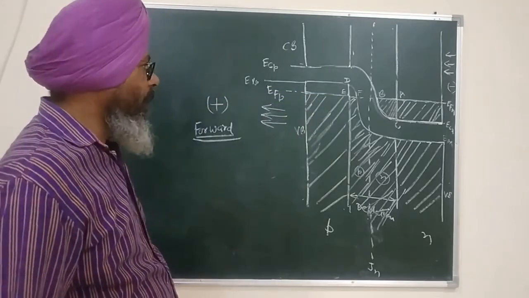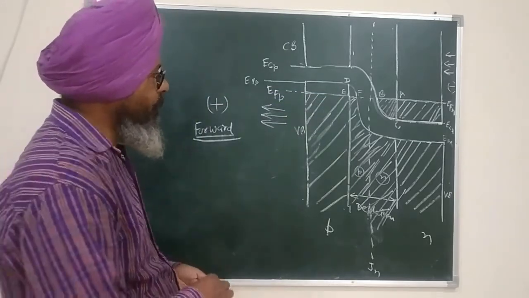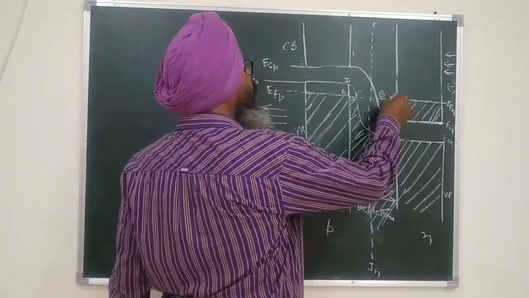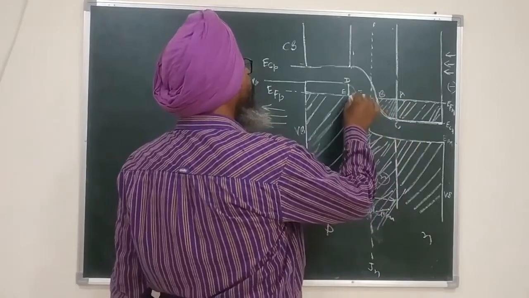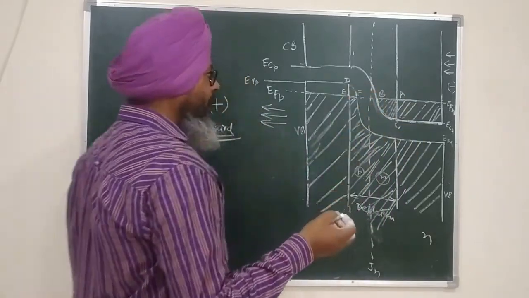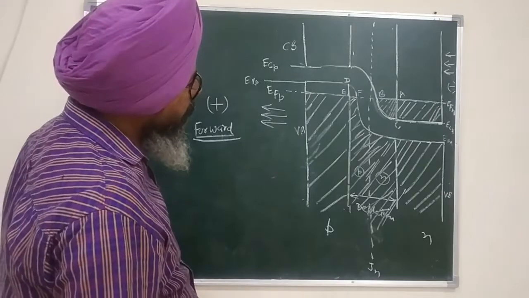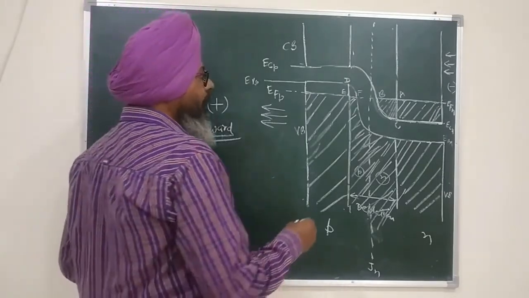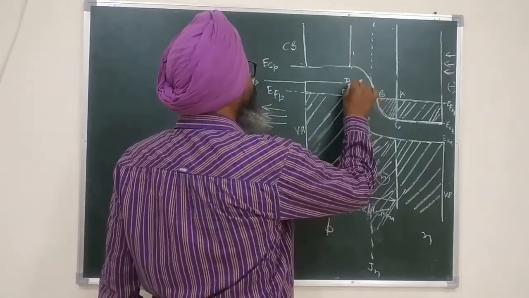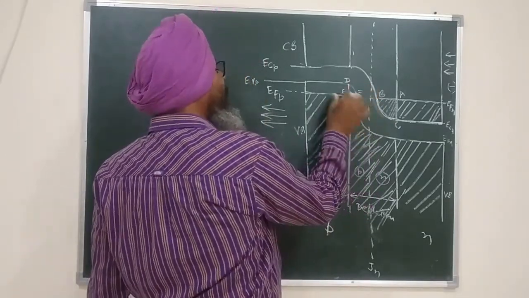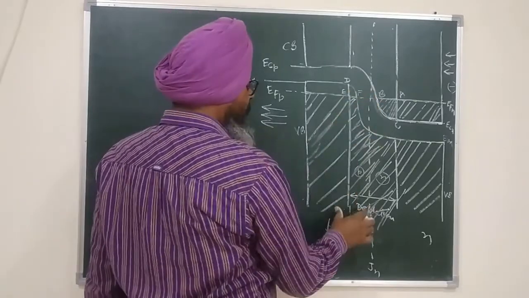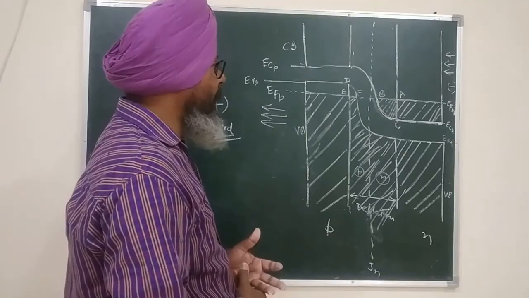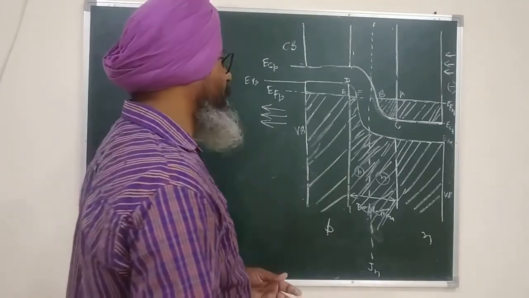Please remember, something I wanted to tell you: I have already told you that region ABC before applying the battery was below Fermi, and region DEF before applying battery voltage was above Fermi. But another thing I forgot to tell you is that region DEF is completely confined within the P region.